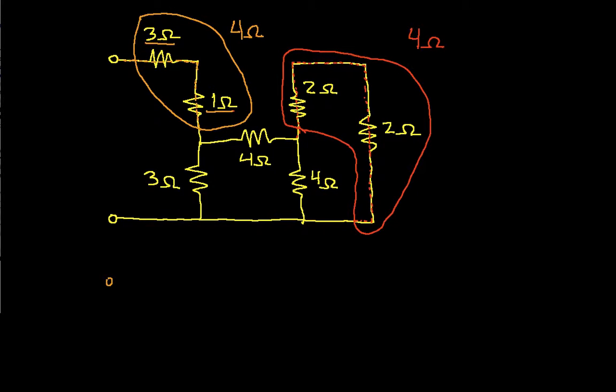We'll start by putting in the equivalent 4 ohm resistor that we found. And then this is still connected to this 3 ohm resistor, this 4 ohm resistor, and this 4 ohm resistor.